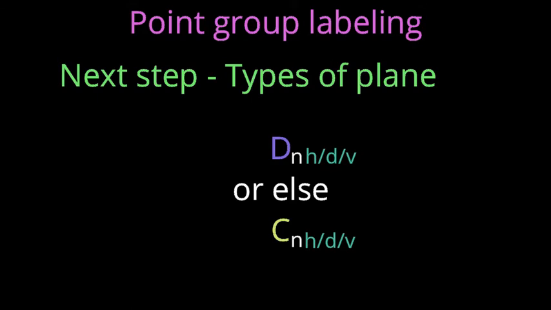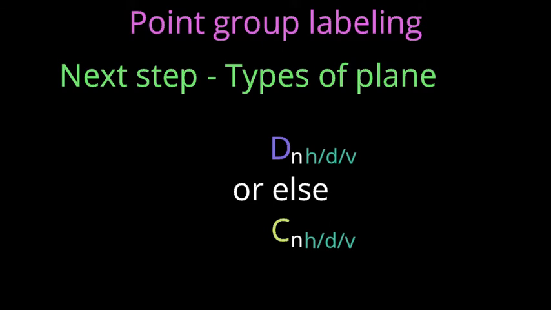Second is dihedral and third one is vertical. While gathering all the operations in a group, we were considering vertical first, then dihedral. But here while labeling, dihedral will come first, then vertical. That is a priority.